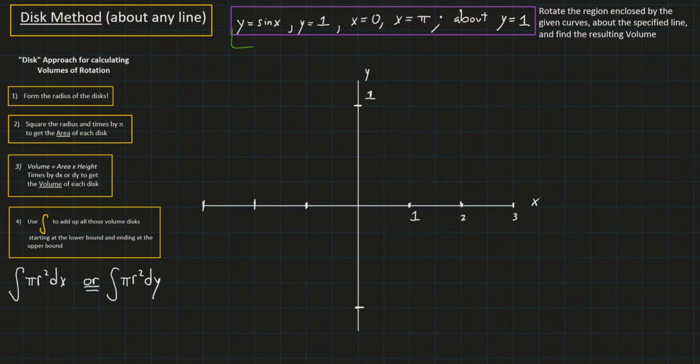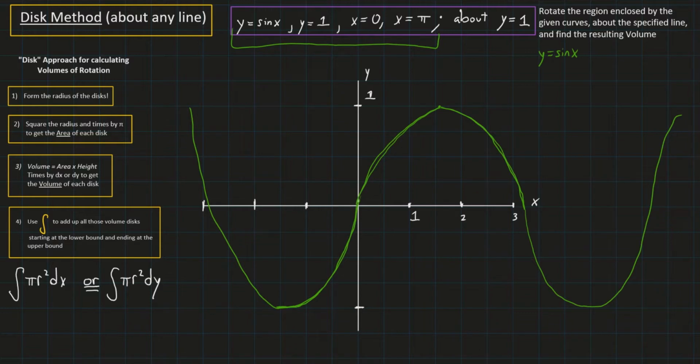Alright, so let's rotate the region bounded by these curves about the y is equal to 1 line. We'll start by graphing these curves here. So here's my y is equal to sine of x. Remember, pi over 2 is what makes sine become 1. 3.14 divided by 2 is just 1.57, so here's that, approximately.